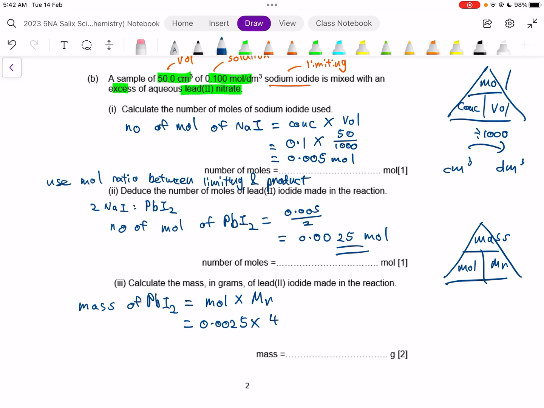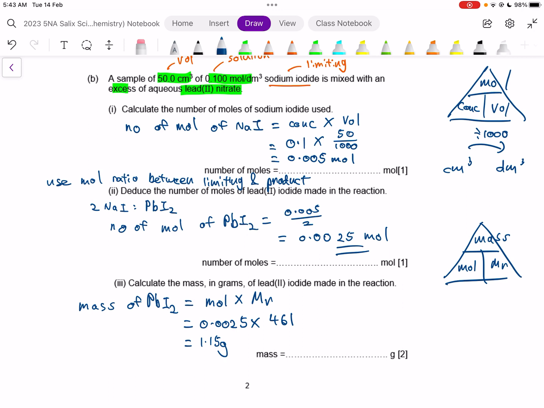In this case it should be 461. Just let me double confirm. Okay, 461, so this is 1.15 grams.